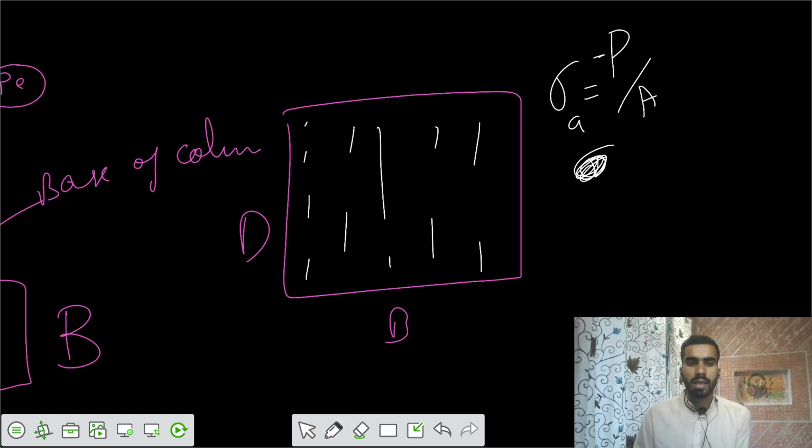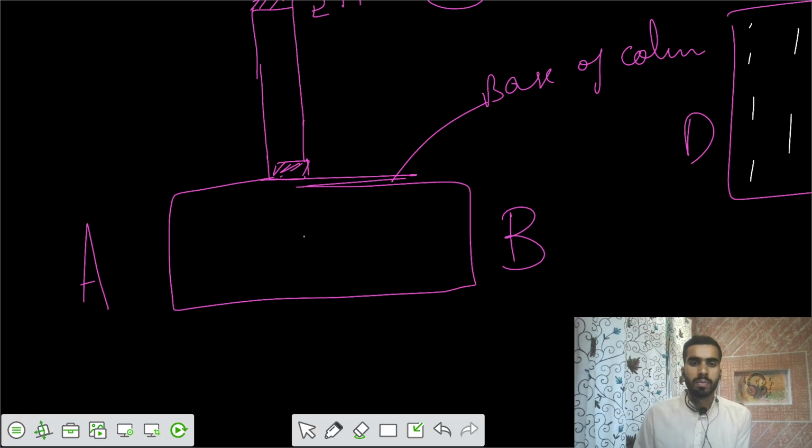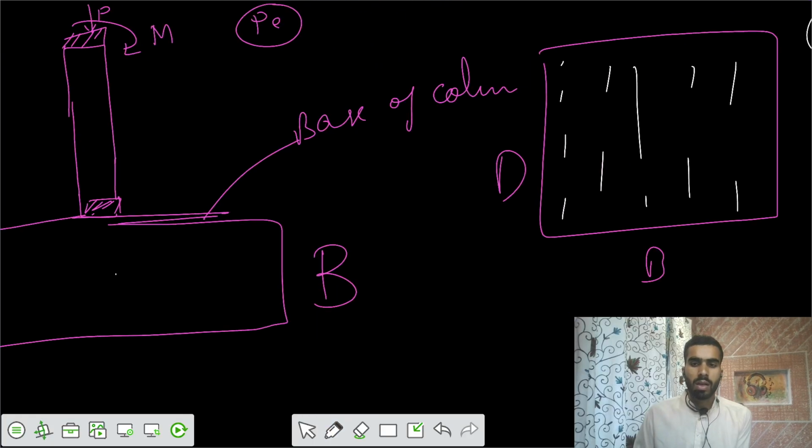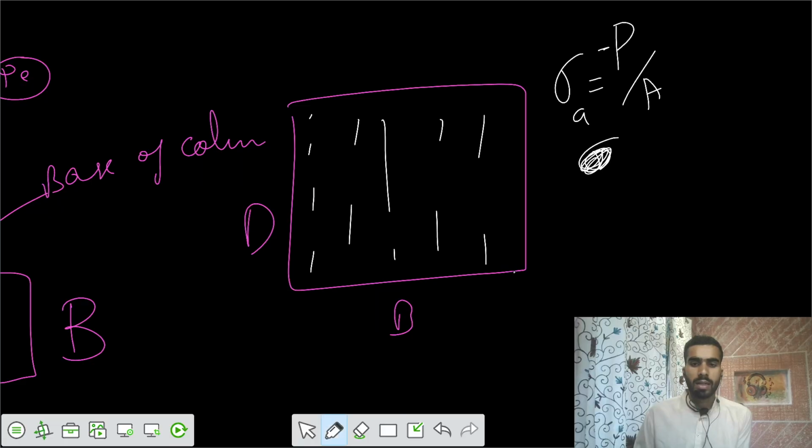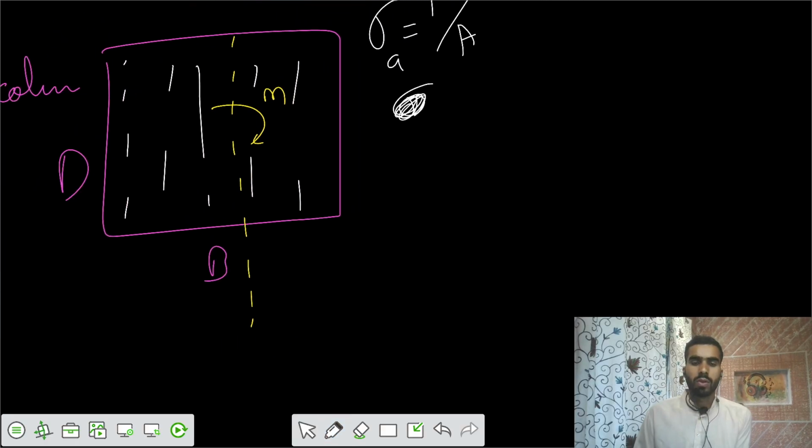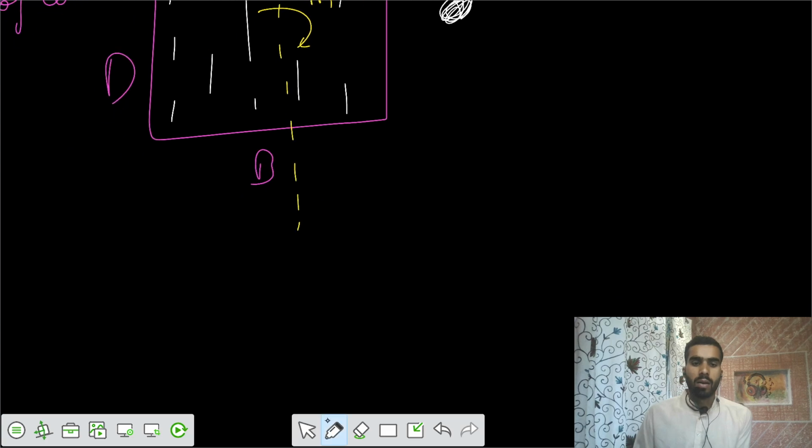And next, you are applying a moment M. There would be some axis about which this moment M is acting. For point A, there will be development of tensile stresses. A side is from this one, and B side is from this one.